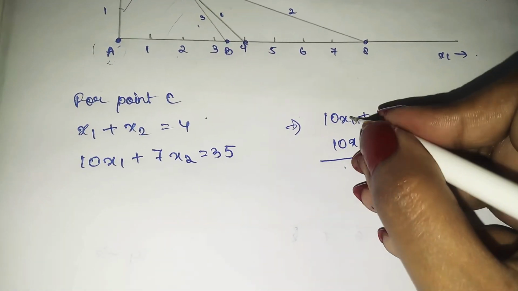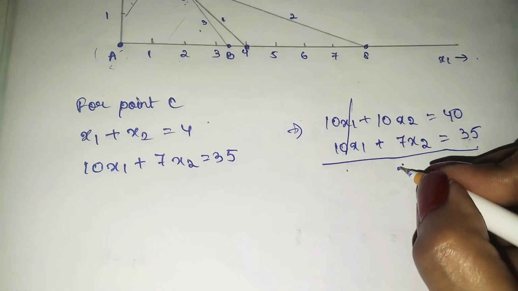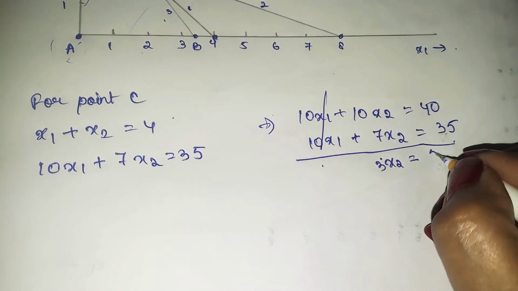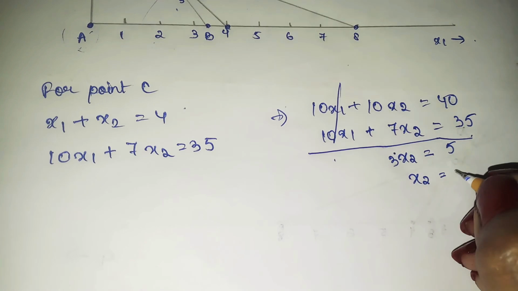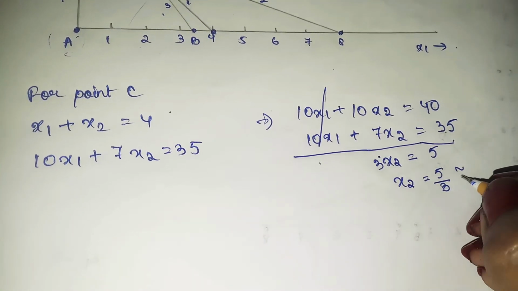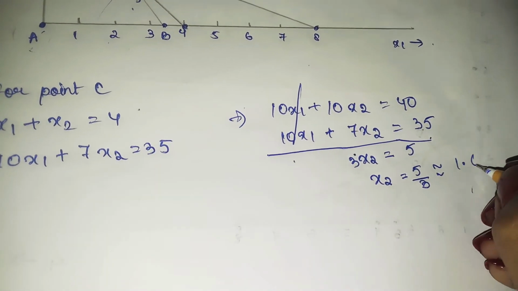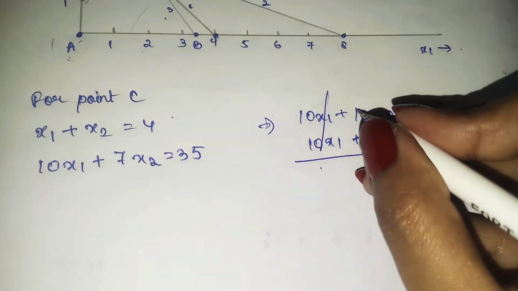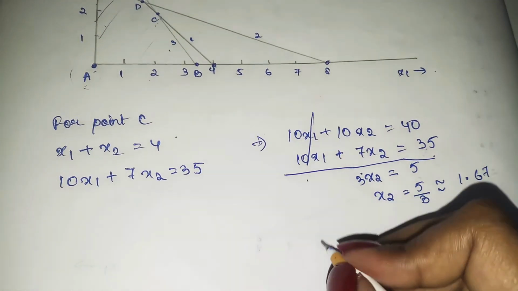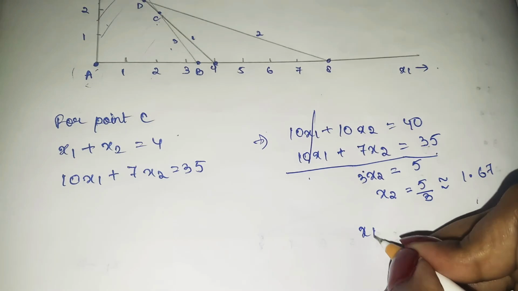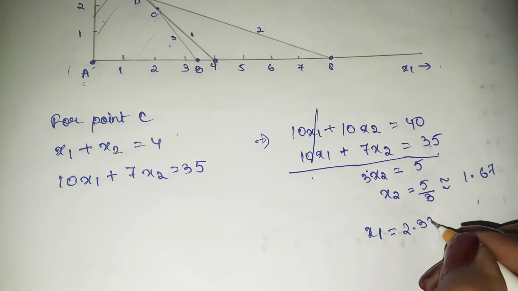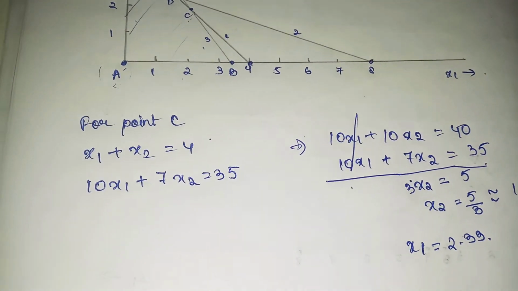So this will be eliminated. This will be 3x2 equal to 5, x2 will be 5 by 3, or I can write it as 1.67. Now put the value of x2 in any one of the two equations. You will get x1 as 2.33. So point C is done.